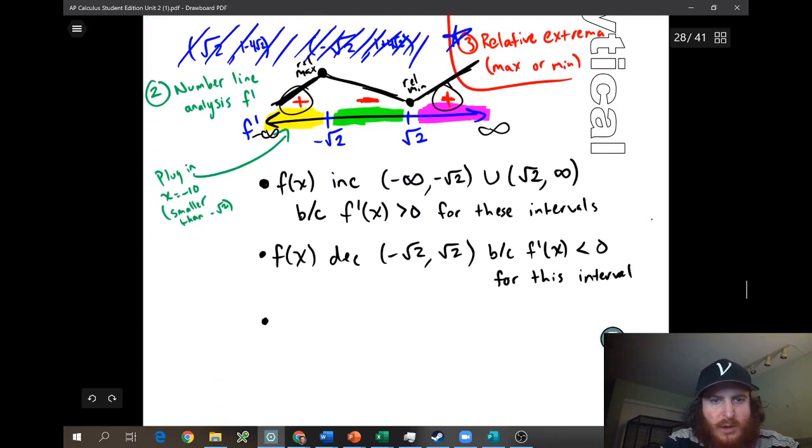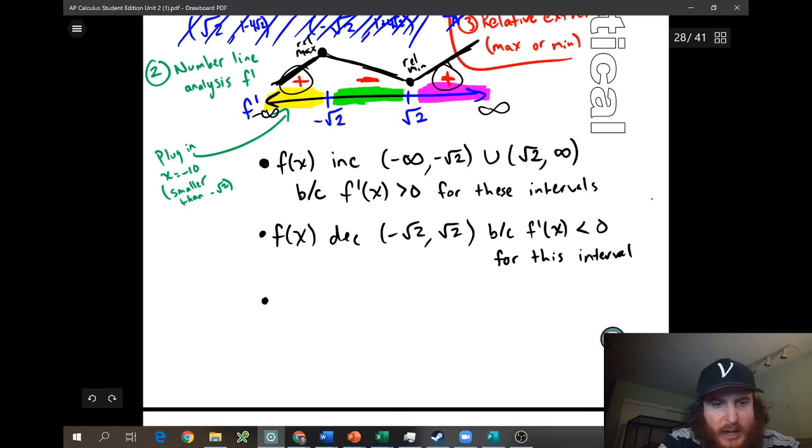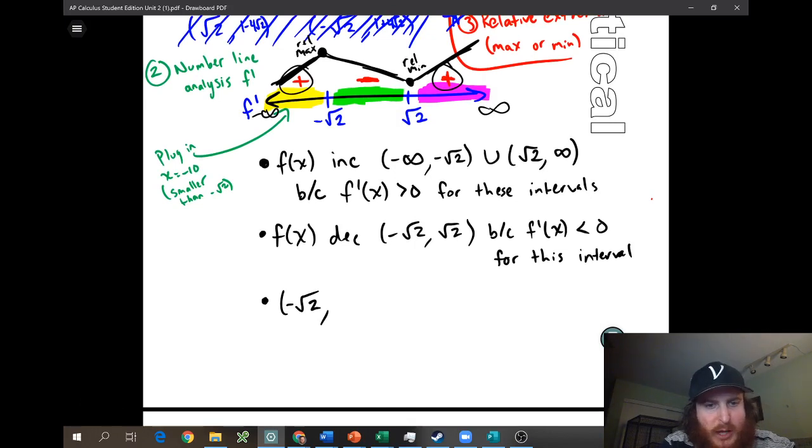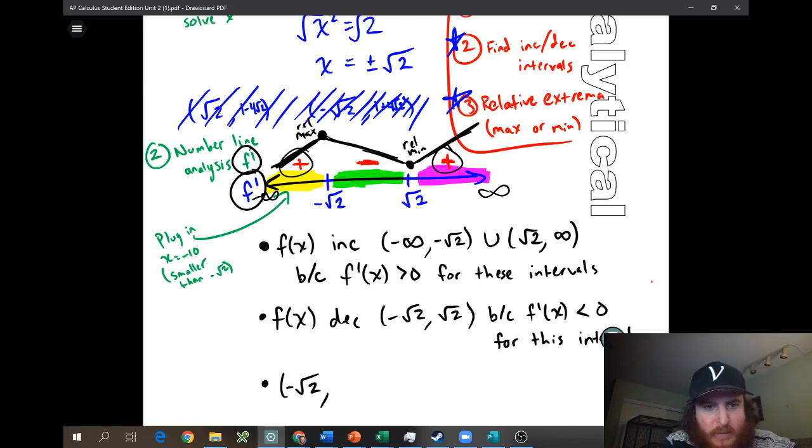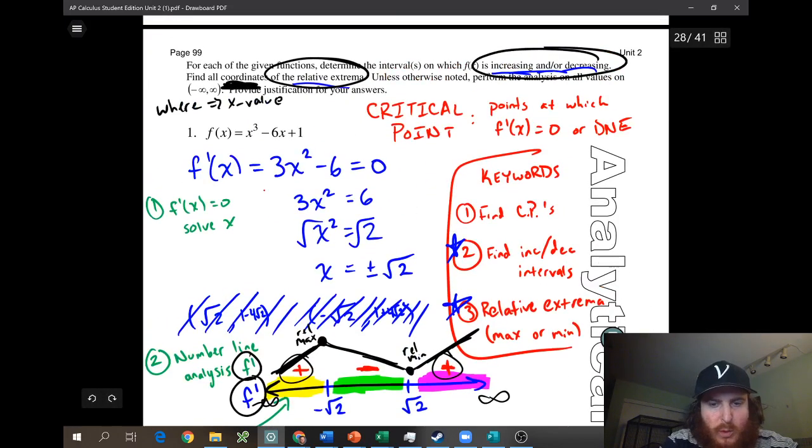So, the x equals negative square root of 2, that was our maximum. But plugging it in, right, negative square root of 2. Now, this is where it's a little bit tricky. When we're doing the coordinates, you plug it back into the original, right? So here in our number line analysis, why did we plug it into f prime? Because we were doing an analysis on f prime. We wanted to know, was f prime positive or negative? But when we actually find the maximum or the minimum or the critical point, those match up with f of x.